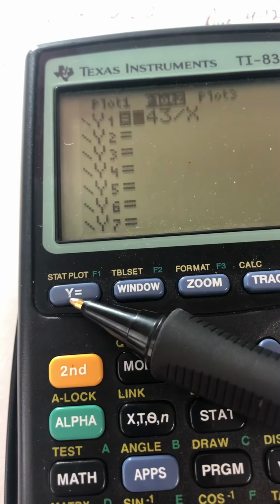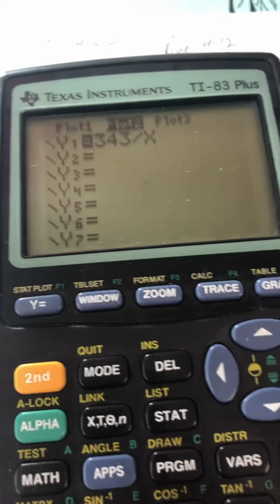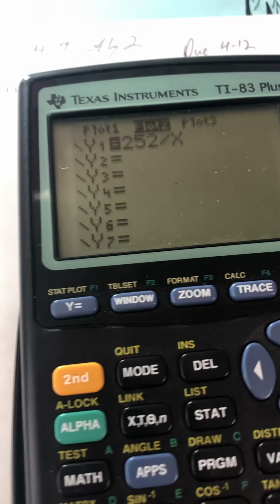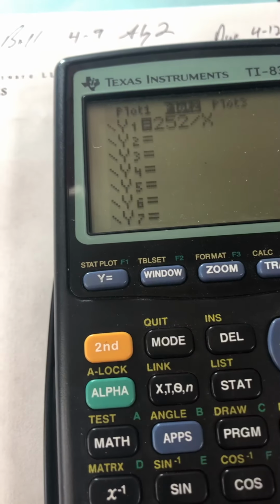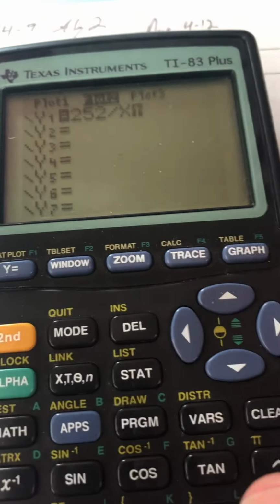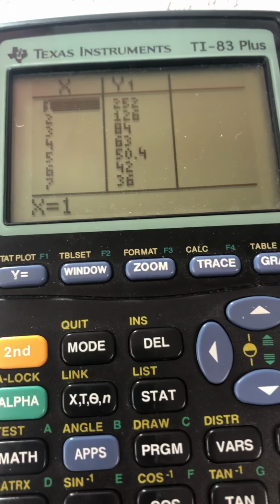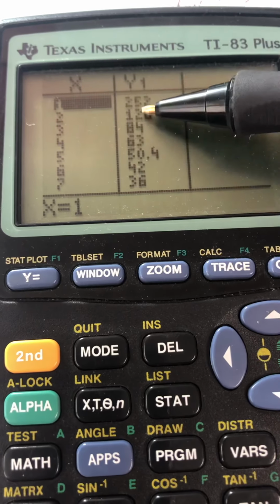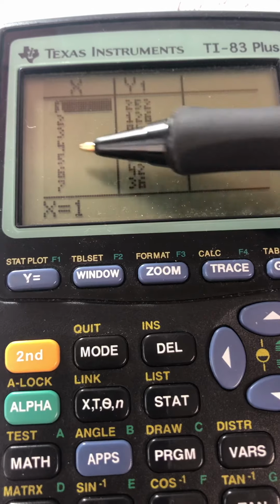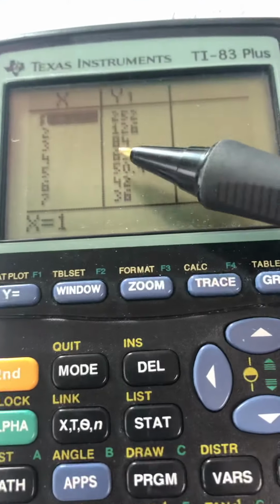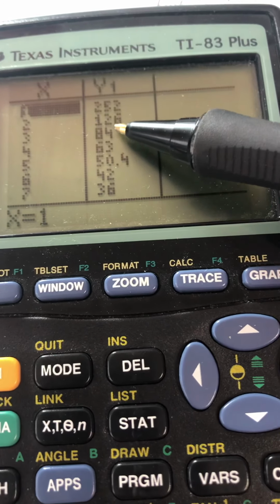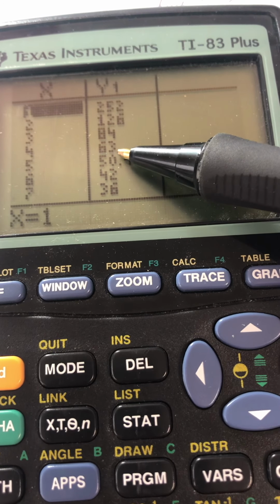We just hit y equals and we go to 252 and we hit divided by the x, that x right there, okay? And then go ahead and hit your table, and here you have all factors listed for you of 252, okay?